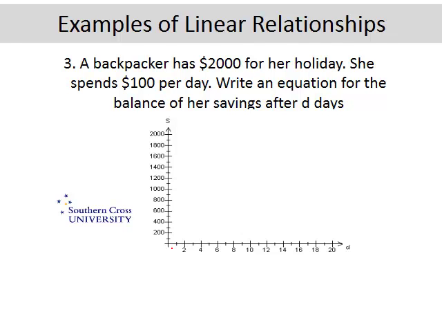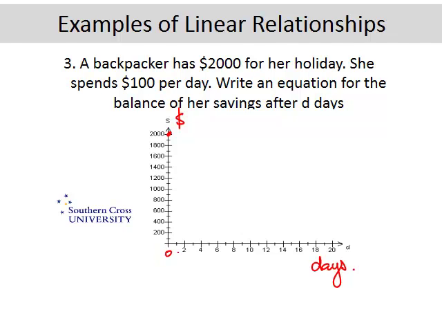So she starts at, this is the number of days that she's been travelling, and notice we've got a D for that, and we've got an S for savings, I guess, and that will be in dollars. So at the beginning, 0 days, she will have $2,000. And it's $100 each day.